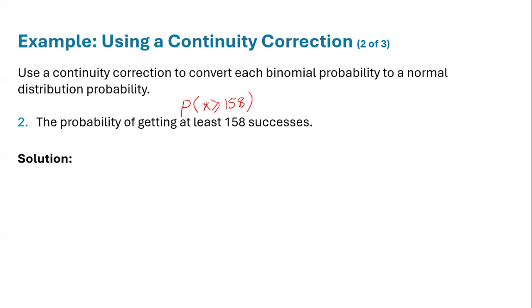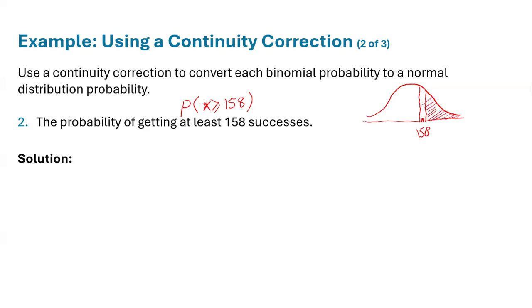But if I want to use the normal distribution, I know that I need the area under the curve. Okay, so always create a normal distribution, a bell-shaped curve, and show 158 somewhere inside the bar. That's 158 in the middle of the bar. Now, since you want to find the area when x is greater than or equal to 158, greater than means the area to the right.